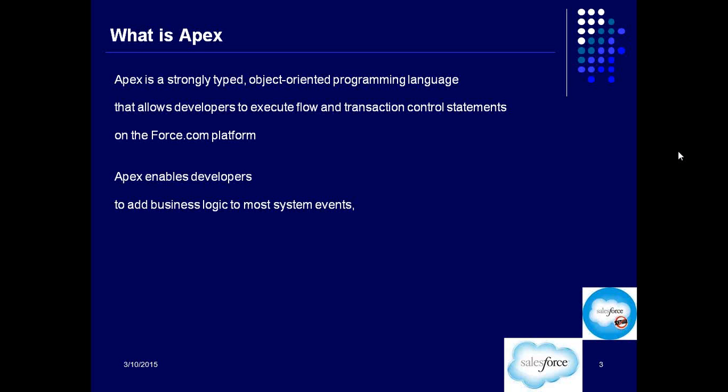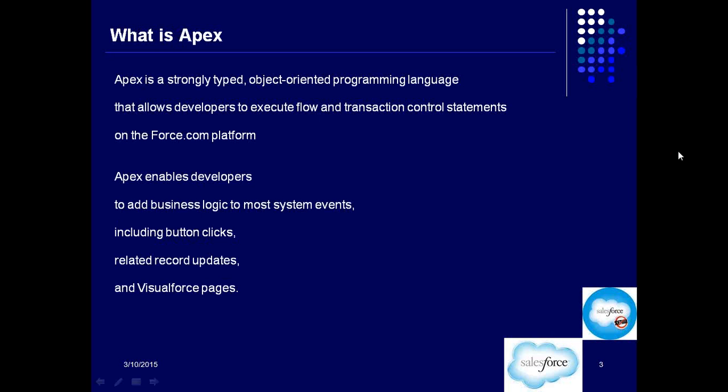These logics you can write on your own using Apex. So this is used for writing business logics for most system events like button clicks, related record updates, and Visual Force pages. On these events, the logics can be executed. So that's about Apex.